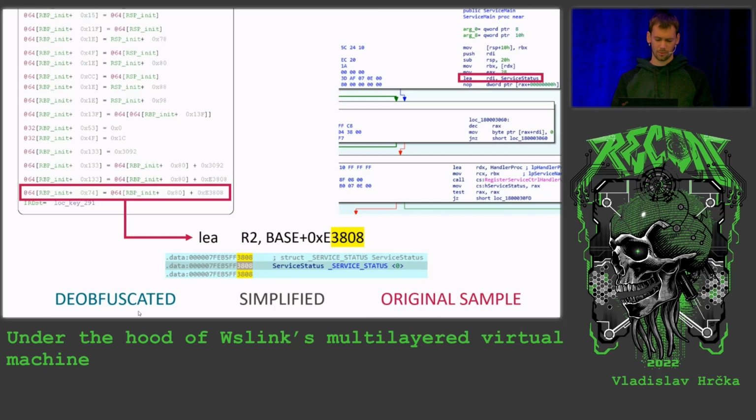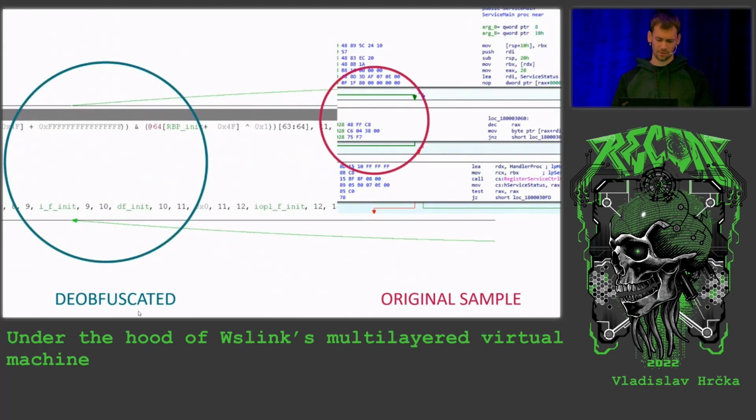So we can see that it adds this constant 3808, which contains a structure recognized by IDA as service status, and it's the same as in the original sample.